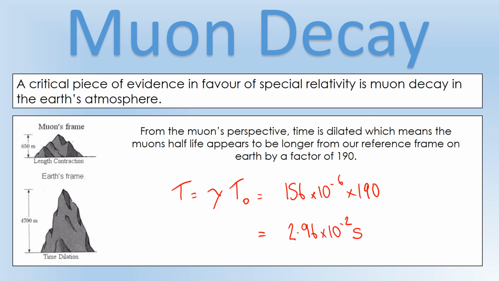So to us, it seems like their half-life is too big compared to when we're just measuring with muons in a laboratory. That's what it looks like to us as observers on Earth. It looks to us like their half-life is much bigger, which is why, given their speed, they end up traveling much further.